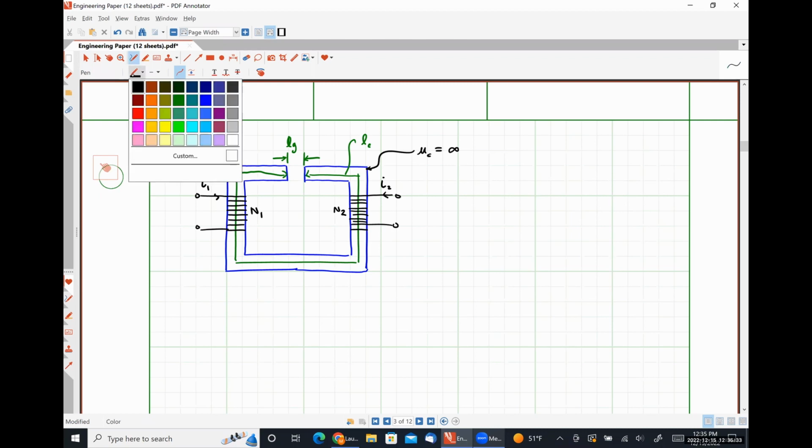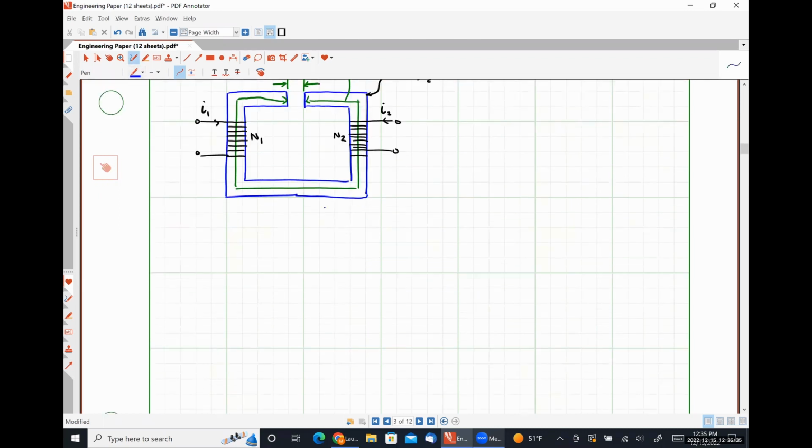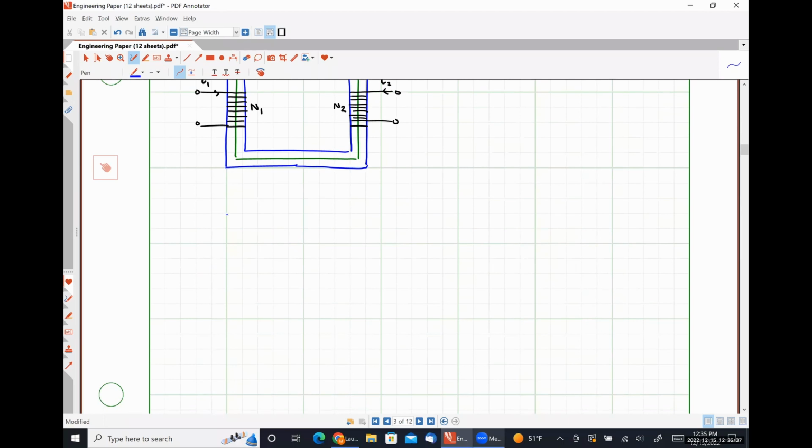If we're looking at just the section of the core over here on the left, what should the direction of my magnetic flux be?